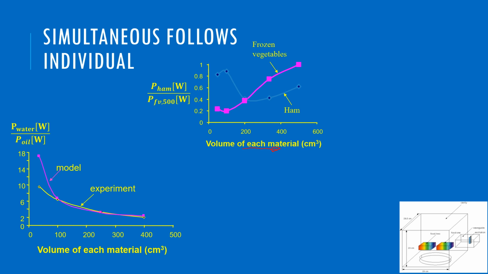The values are scaled, divided by the maximum power absorbed, which happens to be for frozen vegetables at this higher volume. So all powers are divided by that. That's why it goes between 0 and 1.